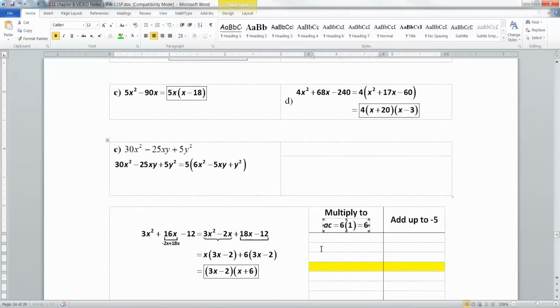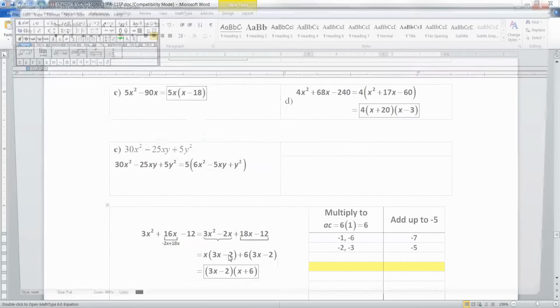So I'm going to need it to multiply to 6, but add up to negative 5. Right? So that'd be negative 1, comma, negative 6, right? Well, that adds up to negative 7. Or it could be negative 2, comma, negative 3. There you go. It's negative 5. So this one actually isn't even that hard.